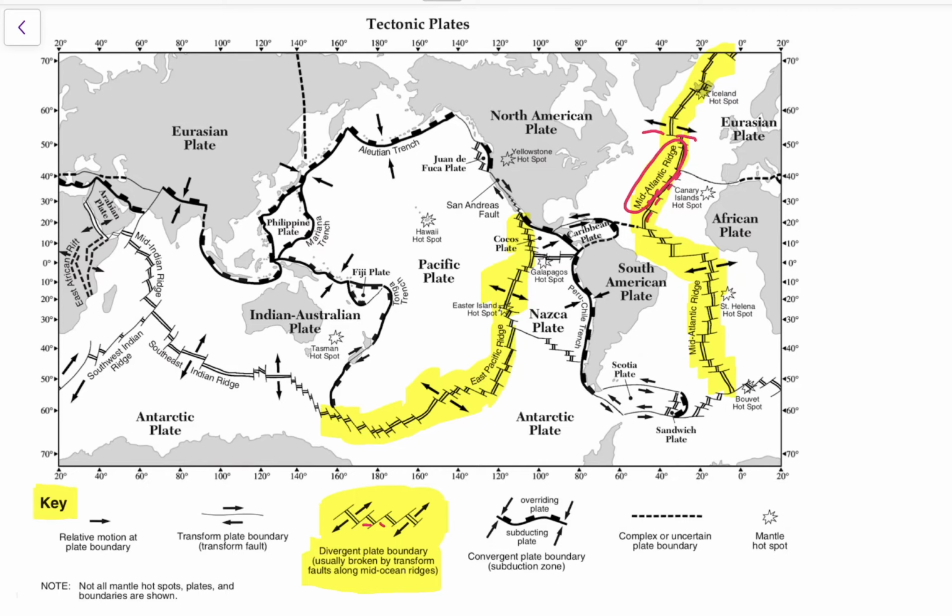Another ridge that we have is the Southeast Indian Ridge over here. Let's color in the Southeast Indian Ridge. We also have a little bit of the Southwest Indian Ridge next to it, and then the Mid-Indian Ridge.